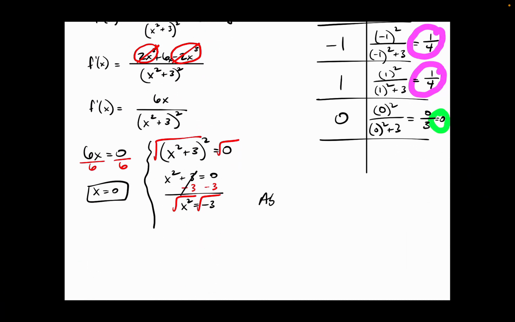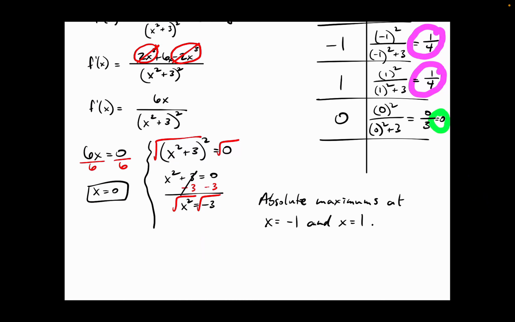So I have absolute maximums. I have 2, right? At x equals -1 and x equals +1, because those y values are bigger.